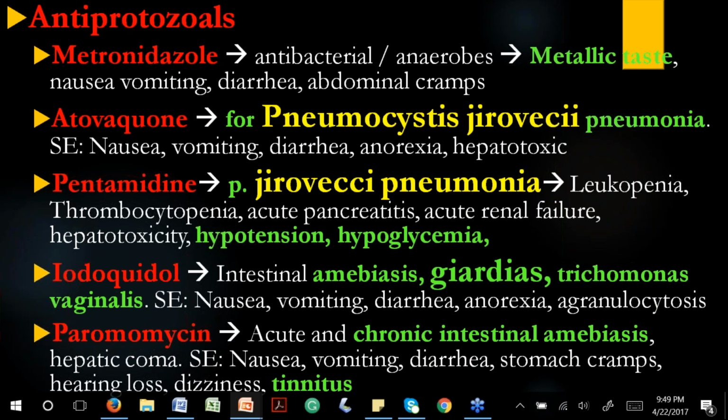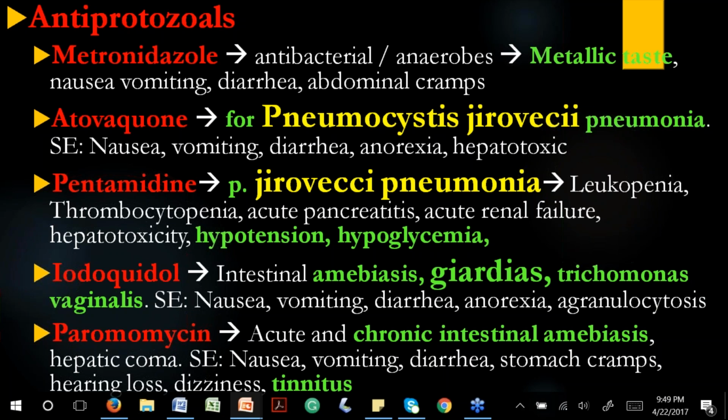It was before called Pneumocystis carinii, that is the old name for this fungus. For that, we are going to use atovaquone, and we can use pentamidine. So HIV: atovaquone and pentamidine. That's all we need to remember.